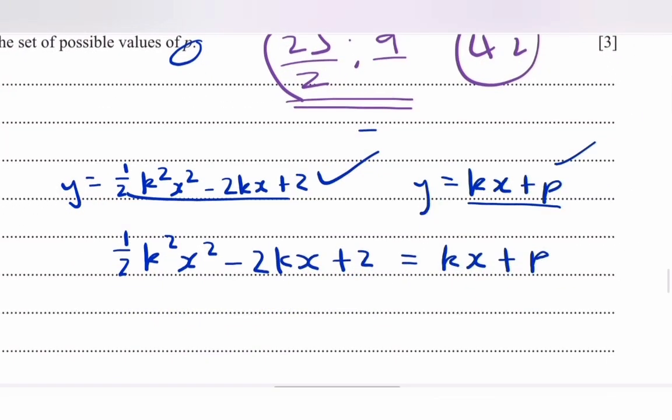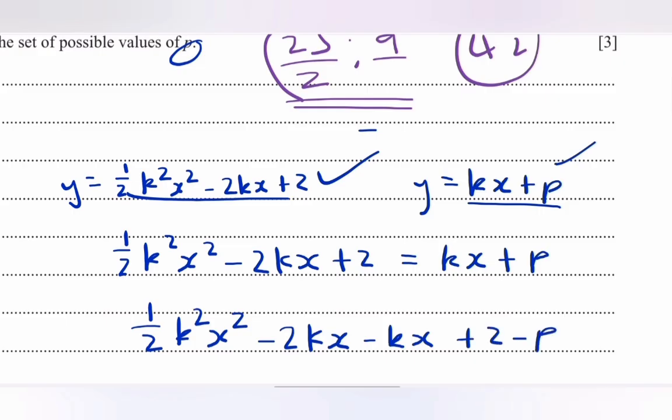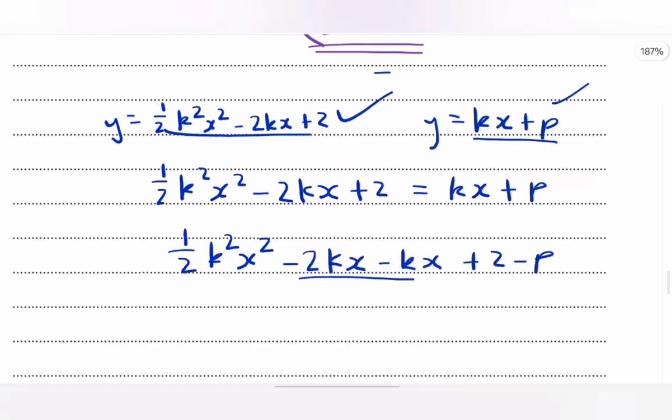And grouping like terms, we get half k squared x squared minus 2kx minus kx plus 2 minus p, and this gives us half k squared x squared minus 3kx plus 2 minus p, like that.